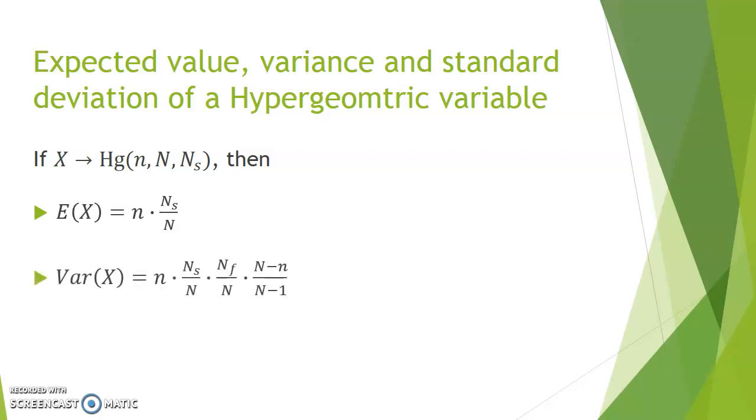However, when it comes to variance, the formula is very different than that of a binomial, and let's spare ourselves the proof for this formula. Standard deviation is the root of the variance as usual.